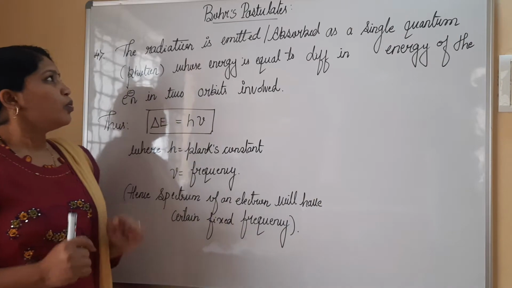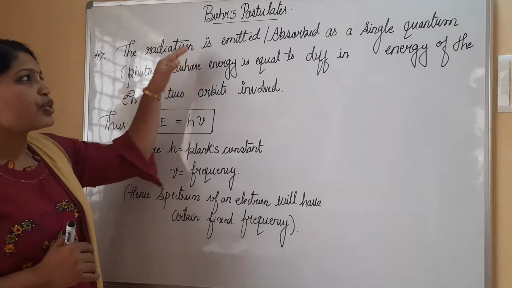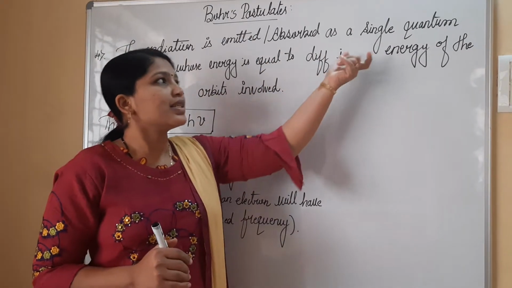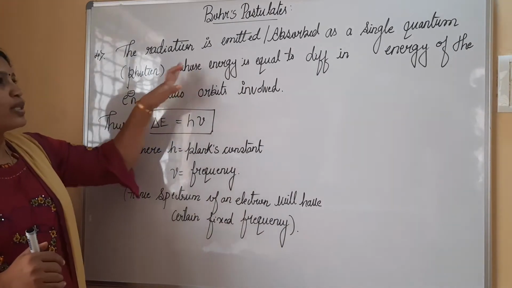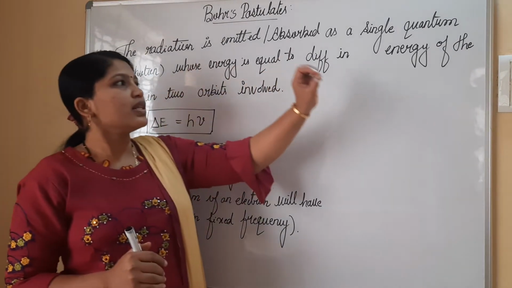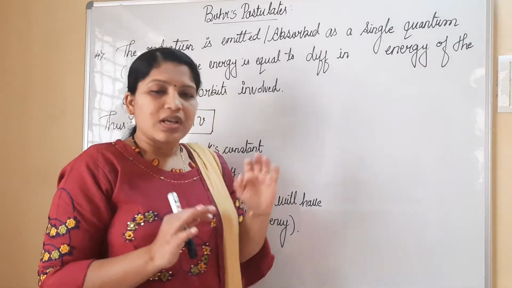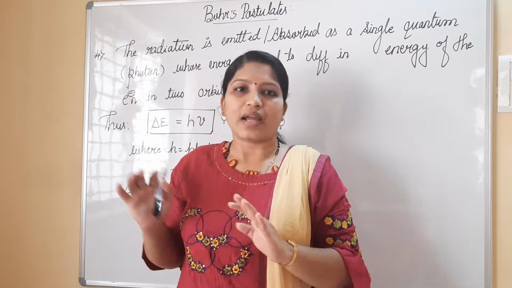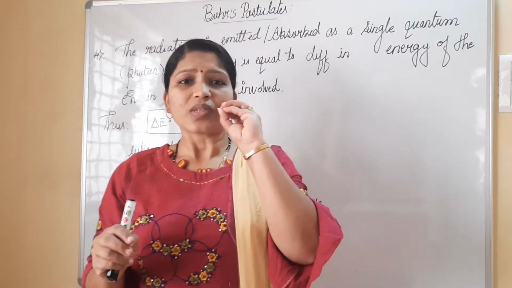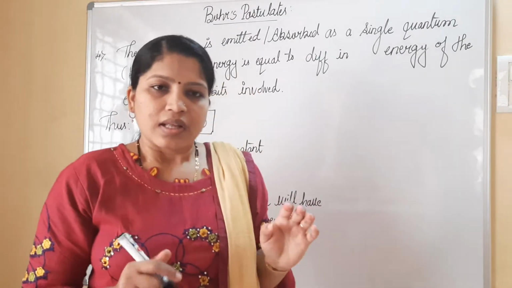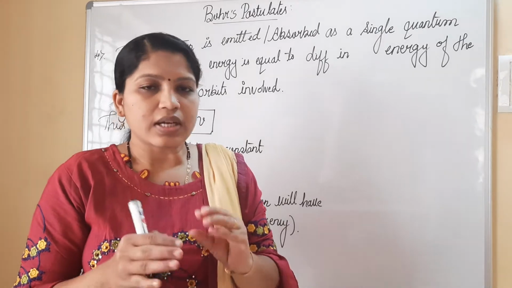Now we will move to the next part: the radiation emitted or absorbed as a single quantum whose energy is equal to the difference in the energy of the electron in the orbits involved. Don't bother about this line at all. I will explain it in a very simple manner. The absorption or emission does take place.